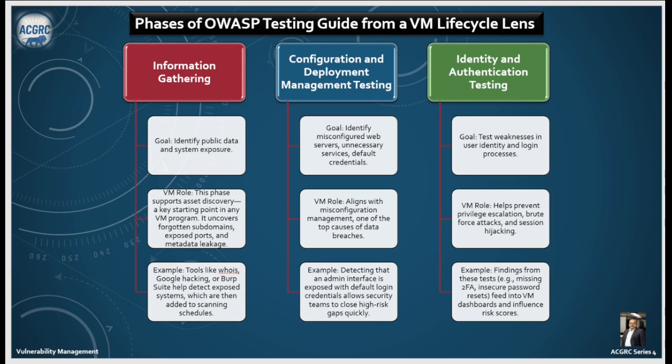Information gathering. Well, in simple language, the information gathering phase is the first and one of the most important steps in web application security testing. Think of it like this. Before security testers or attackers can find vulnerabilities, they first need to understand how the application works, what it's made of, how it behaves, and what parts are visible from outside.